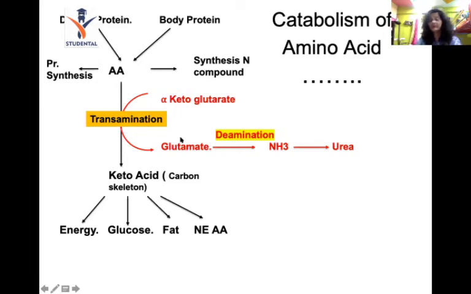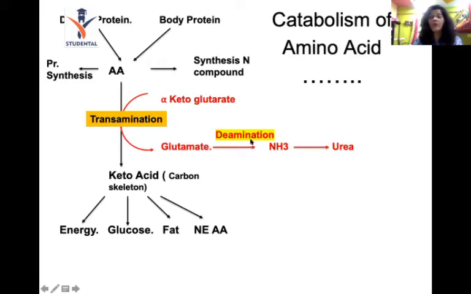We have previously discussed that glutamate is very important. Do you remember that in the amino acid pool 50% of the quantity is this glutamate? So glutamate has the capacity to undergo deamination. By transamination, all amino acids are channelized to glutamate, and this glutamate undergoes deamination.